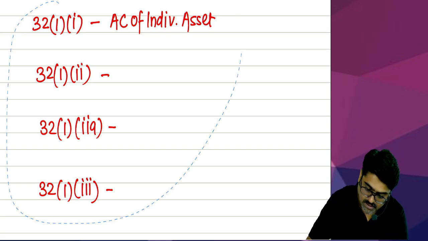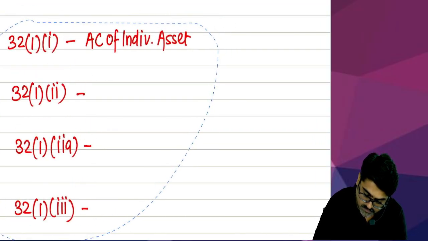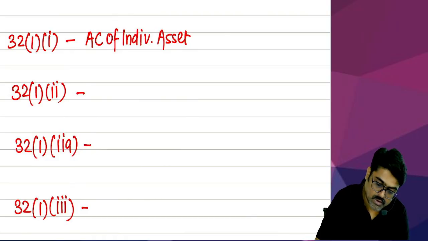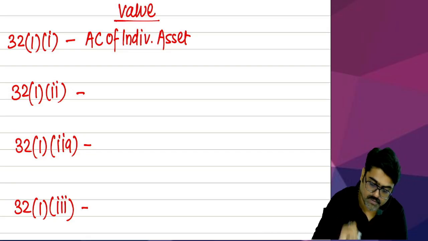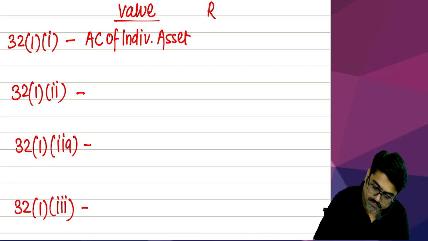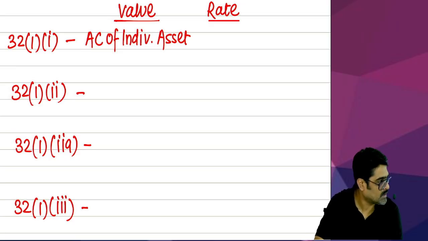So depreciation will be available on what value? Actual cost of individual asset. At what rate? Come on, tell me. At what rate? 10%, 15%, the rate which you want or the rate which they will prescribe.